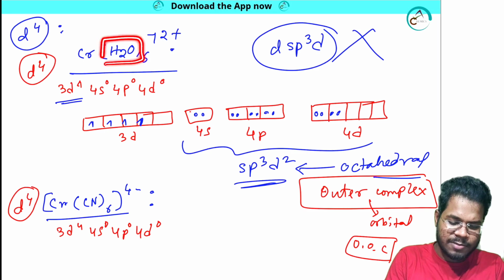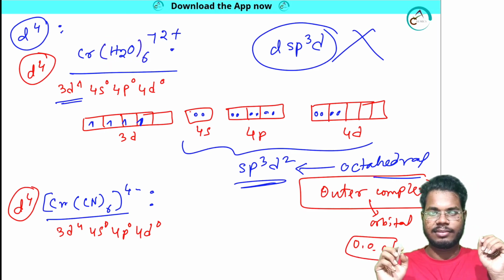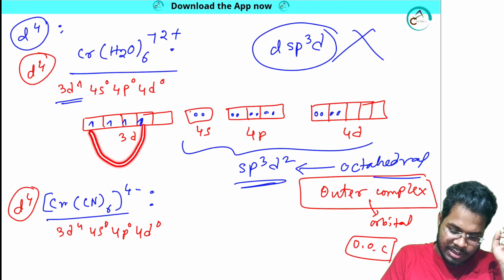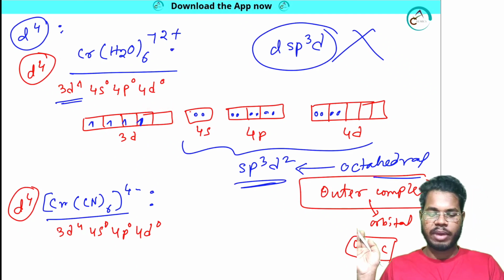As this ligand is very soft and very weak, it cannot force the metal to shift electrons so that it can get two of these orbitals to make d2sp3 hybridization.